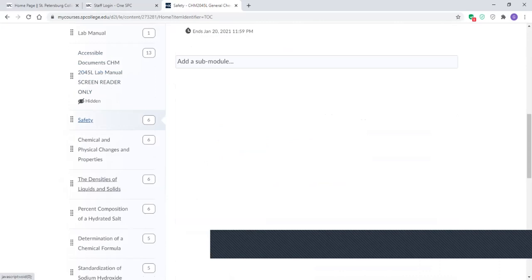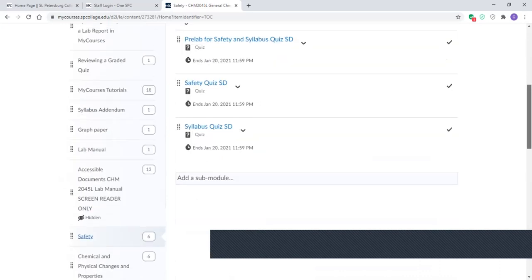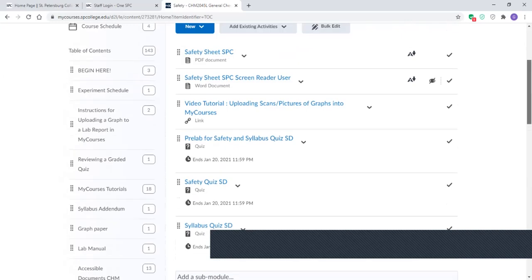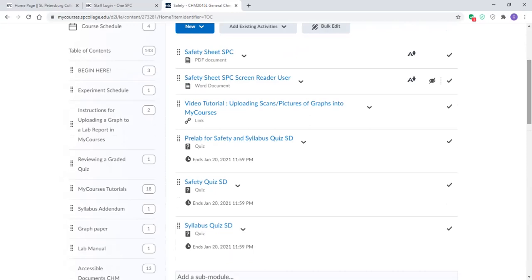From here on down, from safety on down, are your individual experiments. There is a safety sheet. Use it. The safety sheet should give you a series of safety rules. Use that to do the safety quiz. There's a screen reader on it.